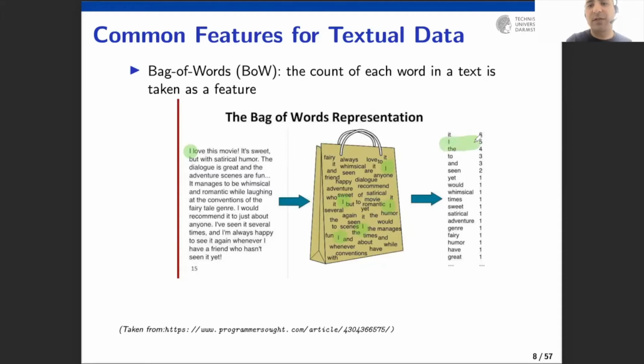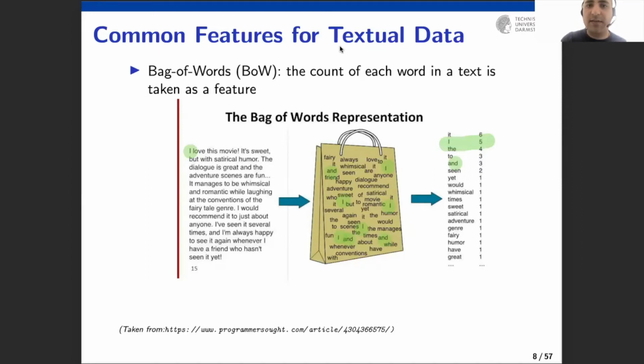So the feature function "I" returns 5. We have another feature function named "and," and then we start counting how often "and" appeared in the text, right? 1 time, 2 times, and 3 times. So "and" appeared 3 times.